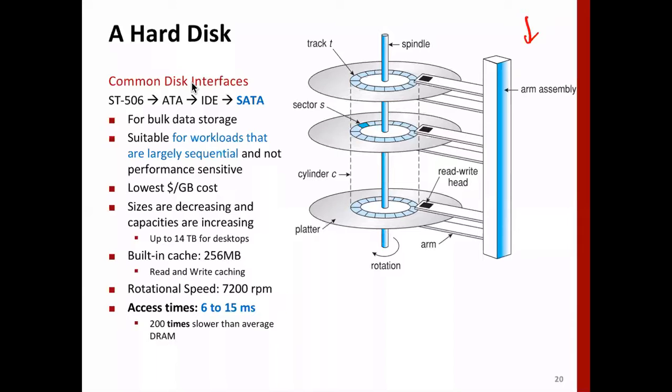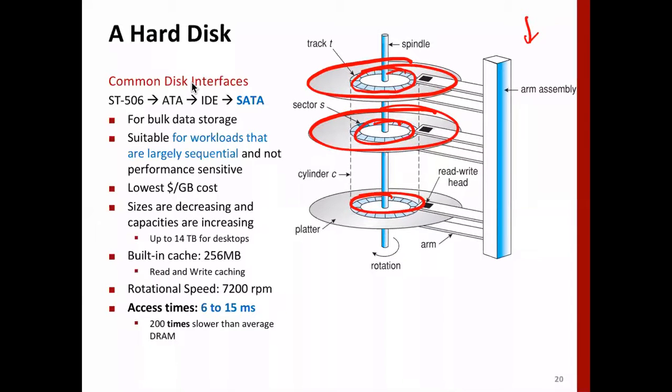It has a number of parallel plates or disks, and on these we have various tracks. There are multiple tracks, and each track is divided into sectors, like here. Now it rotates at a certain speed.